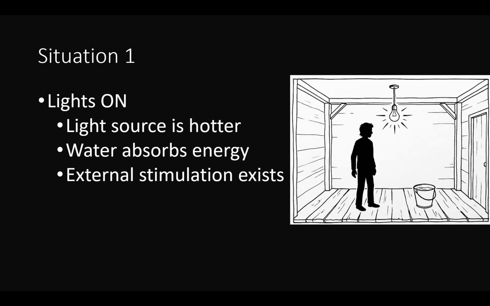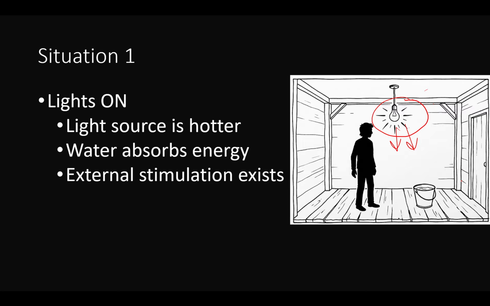Let us consider a situation where, let's say, there's a light bulb in the room, or there's a window and sunlight entering through the window. Although the room temperature remains 18 degrees Celsius, the light source itself is considered to be much hotter. Let us assume that it's emitting a substantial amount of heat, right? The light transfers energy to the bucket, and the bucket absorbs this energy.